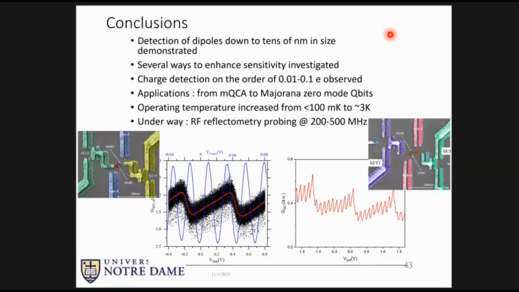We investigated several ways to enhance sensitivity, and the application is not only for this mQCA. But again, think about mQCA, molecular QCA will require detection of dipoles on the order of a nanometer. Of course, this technology cannot bring you there. It's just beyond the limits.